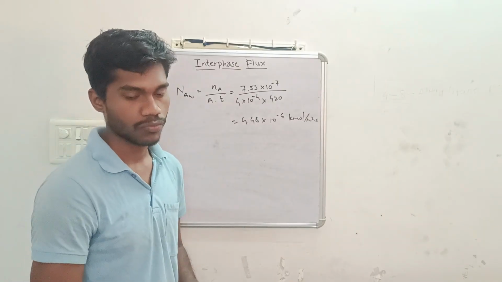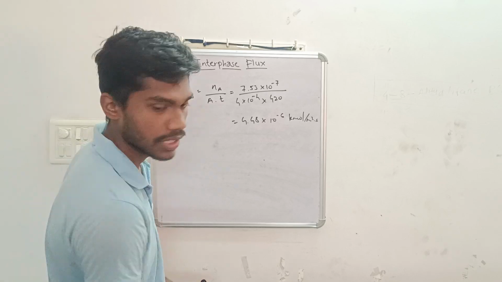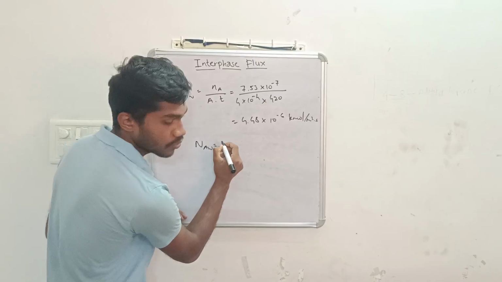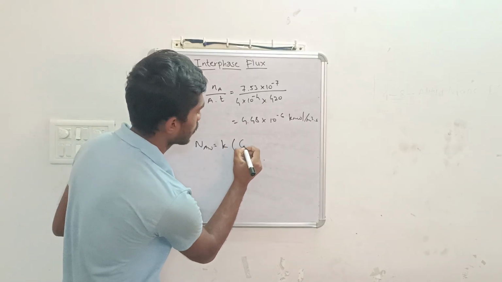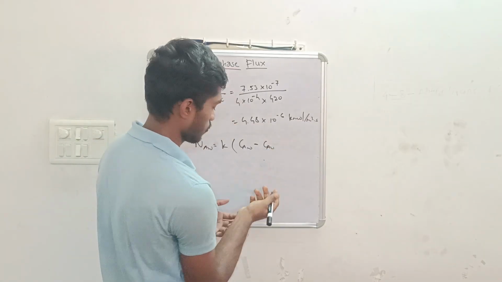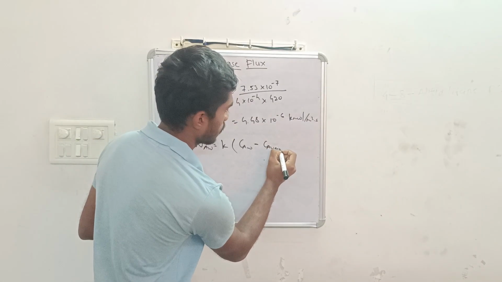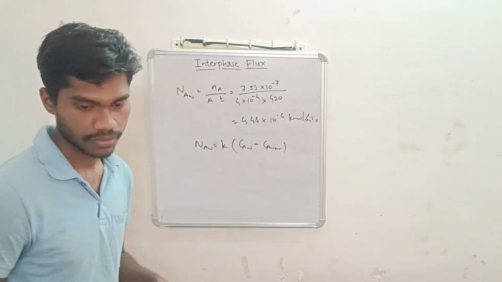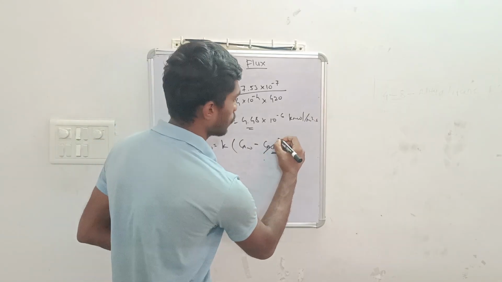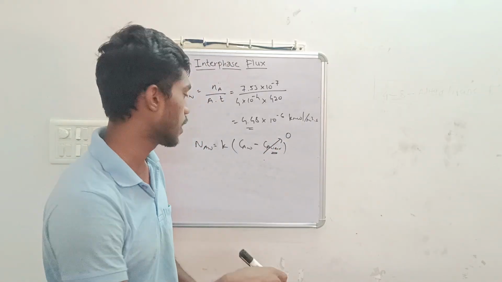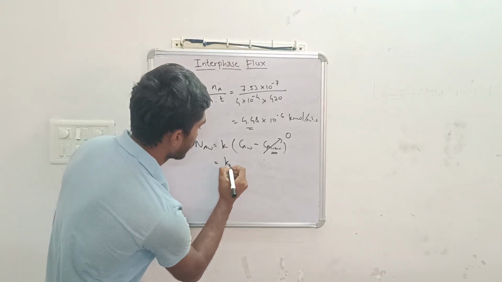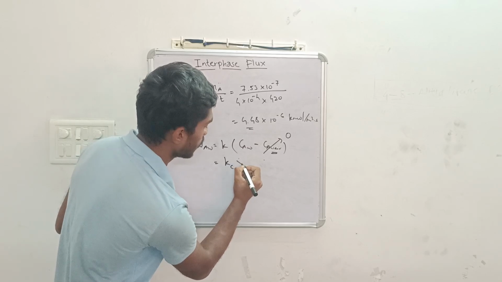So now we will move to calculate the mass transfer coefficient. As we know that NAS equals mass transfer coefficient into CAS minus CA in air. We know that CA in air will be 0 because the initial concentration of ethanol in air will be 0. So this will be equal to Kc, that is mass transfer coefficient, into CAS.